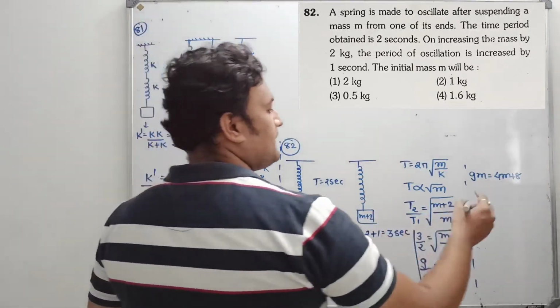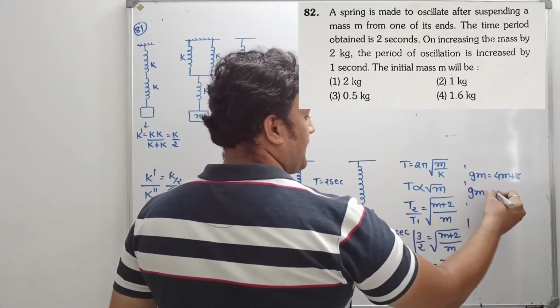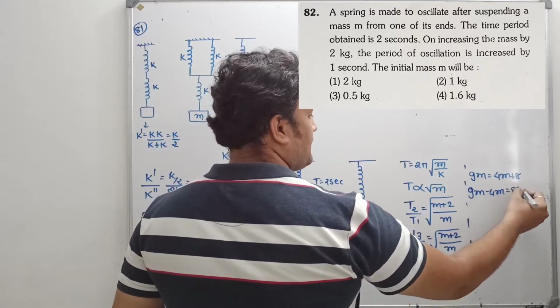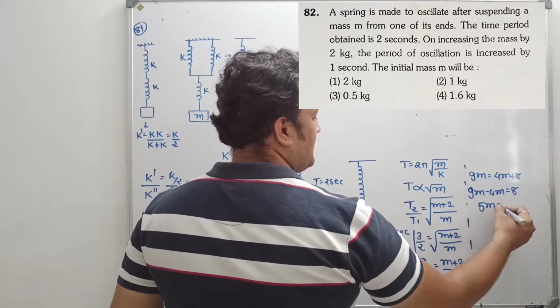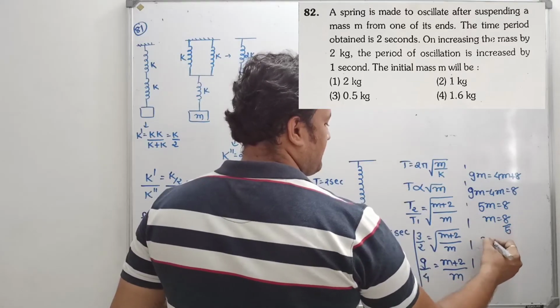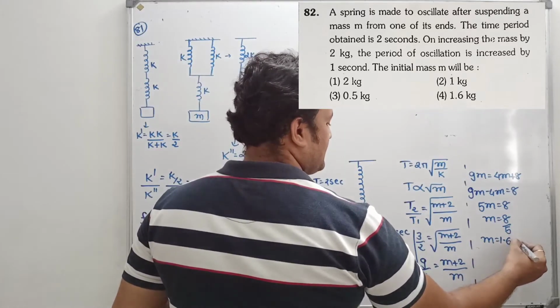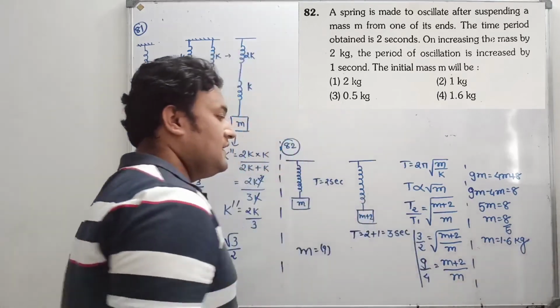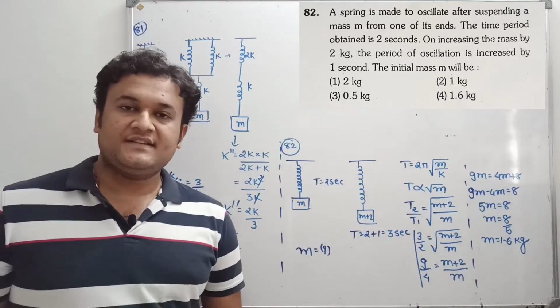So 9m minus 4m is equal to 8, so 5m is 8, and m is equal to 8 by 5. So the answer will be 1.6 kg.